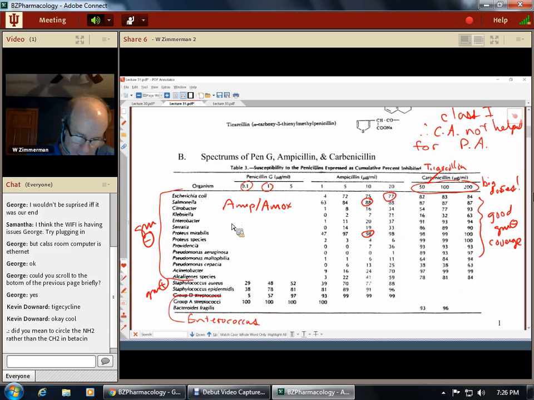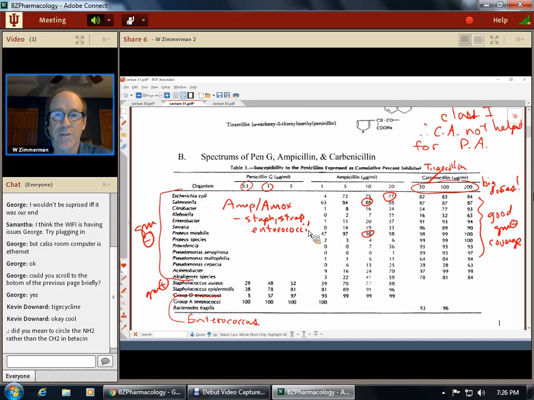You'll certainly get staph, strep. They do pretty well against a lot of the enterococci. Those are all gram-positive. But as far as the gram-negatives, we're looking basically at E. coli and Proteus mirabilis.